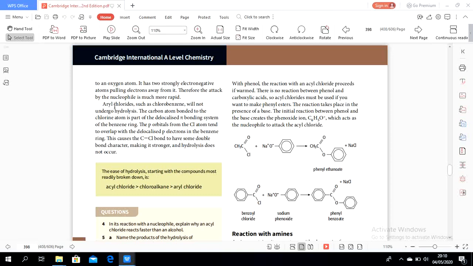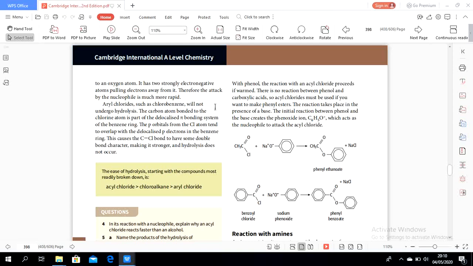Aryl chlorides such as chlorobenzene will not undergo hydrolysis because there is a strong pi bonding system overlapping. The carbons make the delocalized pi bonding system of the benzene. The p orbital from the chlorine tends to overlap with the delocalized pi electrons of the benzene.